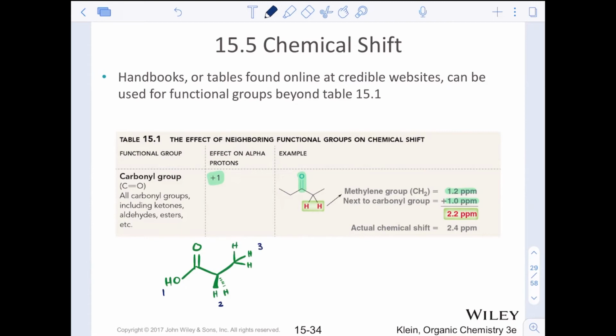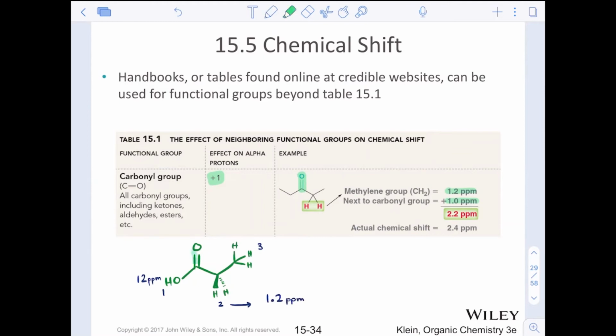Now let's predict the chemical shifts for the group 2 and 3. We would not need to predict the chemical shift for our carboxylic acid. We'll see that it is predictable on a chart right around 12 ppm, somewhere between 10 and 12 ppm. All right, let's talk about the methylene group first. Typically, methylene groups are 1.2 ppm for their chemical shift baseline.